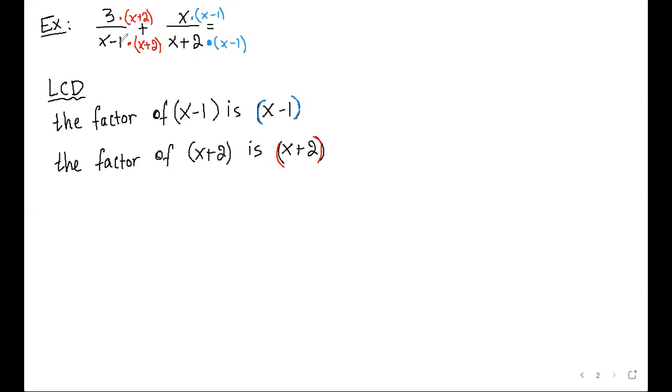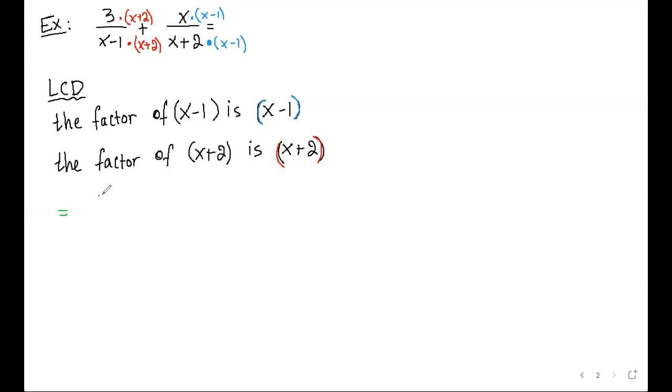Now look, both denominators become equal: x minus 1 times x plus 2, and x plus 2 times x minus 1. So I can use the property like before: a over c plus b over c gives a plus b over c. So what do I get?